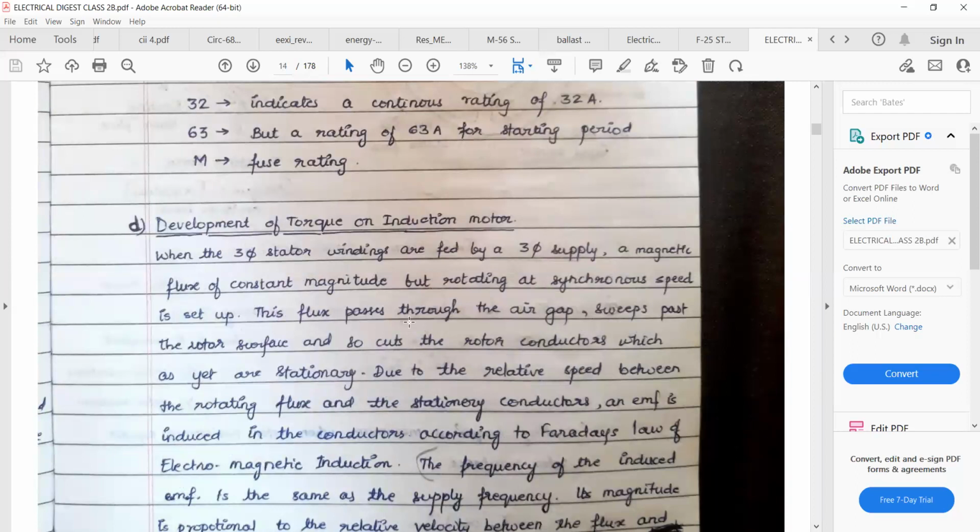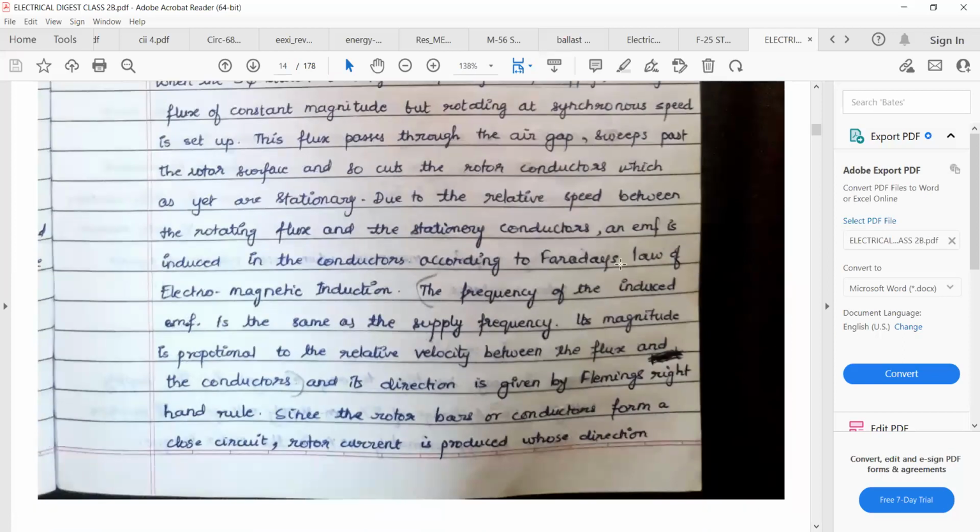This flux passes through the air gap and sweeps past the rotor surface, and so cuts the rotor conductors, which as yet are stationary. Due to the relative speed between the rotating flux and the rotor conductor, an EMF is induced in the conductor according to Faraday's law of electromagnetic induction.